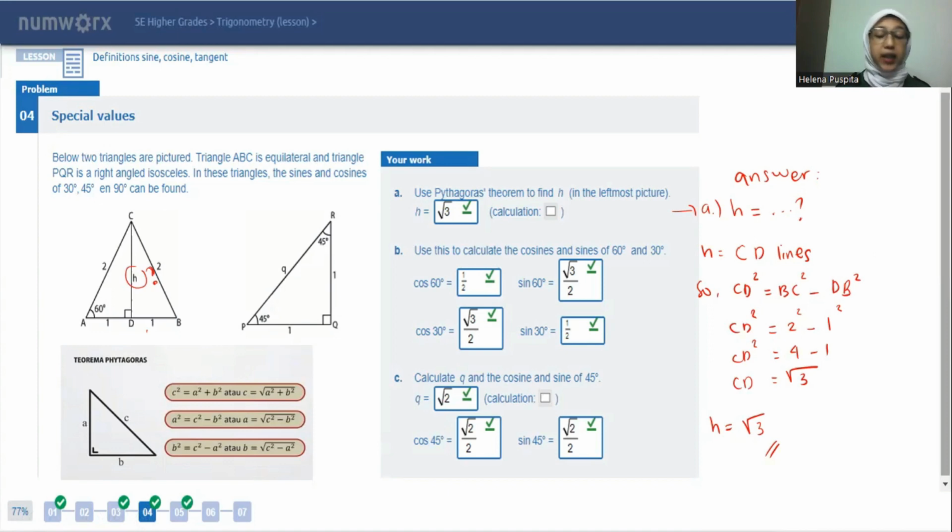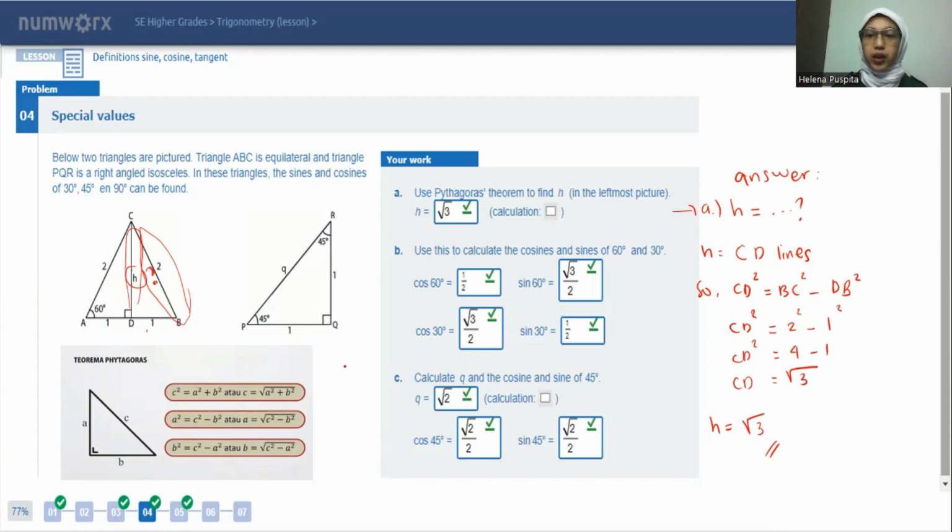To calculate the height of the triangle, we can use the Pythagorean theorem. Height squared equals hypotenuse squared minus base squared. Here the height is CD.